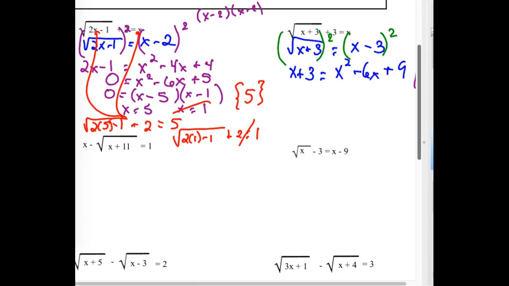Okay? We want to move everything to one side, so I'm going to subtract an x over, and I'm going to subtract a 3 over. Factoring it, very similar to the last one, we're going to have x minus 6 and x minus 1. So possible solutions are 6 and 1.